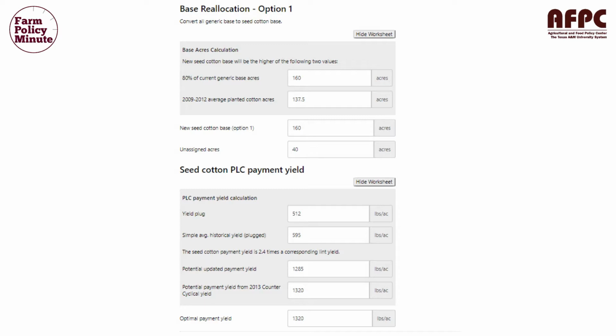So far on option 1, with either option, you're going to lose base acres. Either the first part of option 1 or the second part of option 1, you would have less than your generic now. What I tell a producer is option 2 is the thing that allows you not to lose any base acres.